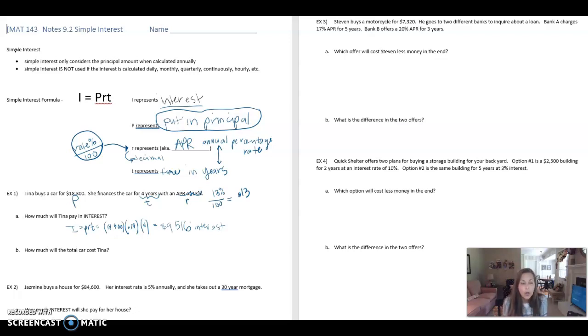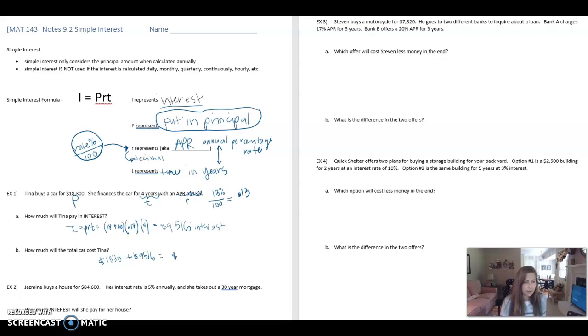How much did the total car cost Tina? Well, it didn't cost her $9,516. That's how much interest she paid. So Tina bought the car for $18,300. She's got to add the interest that she's going to pay over that 4 years' time, and Tina ends up paying a whopping, oh, you know what?